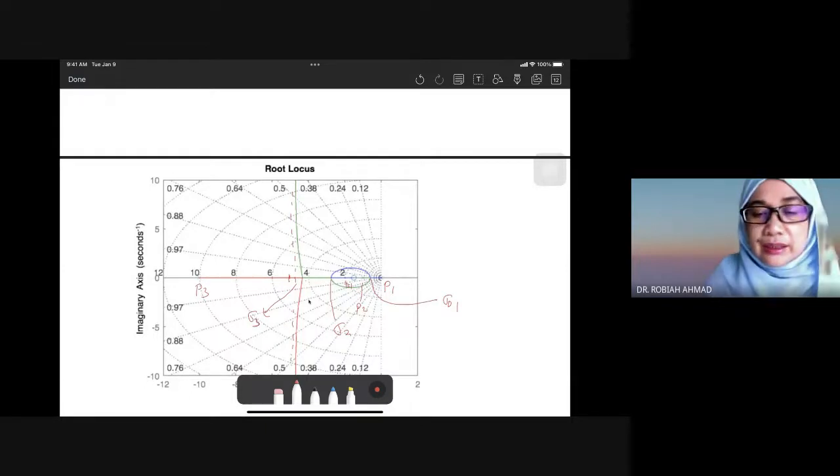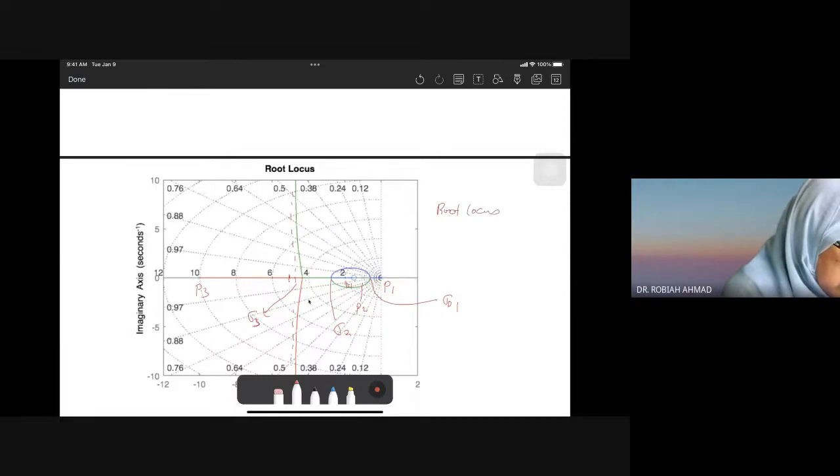So up until here, are you okay, class? Okay, so root locus number 1 starts at P1 equal to 0. Okay, this one is blue. So it starts at 0, and then the breakaway, then it ends at Z1, equal to minus 1.5.